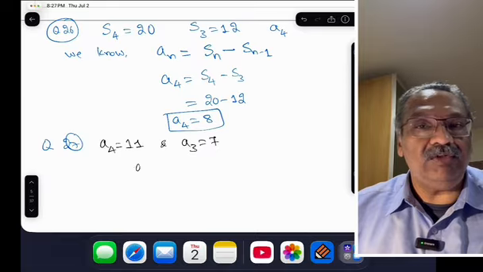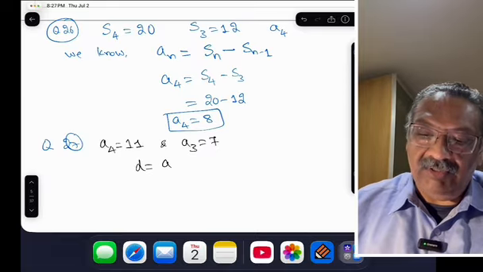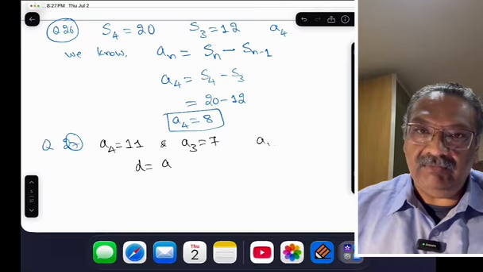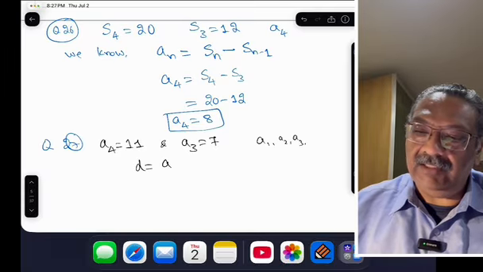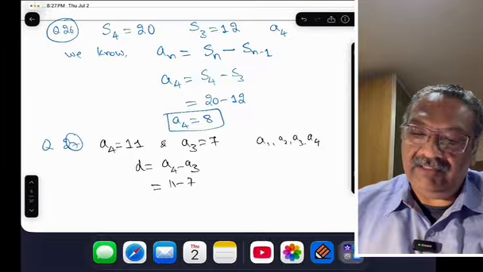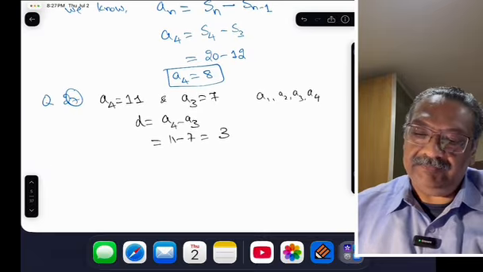They have given the fourth term and third term. So A1, A2, A3, A4. The common difference is A4 minus A3, which is equal to 11 minus 7, which is equal to 3.